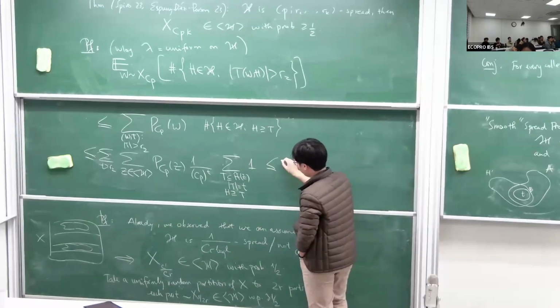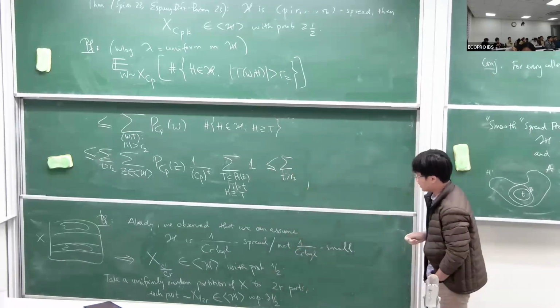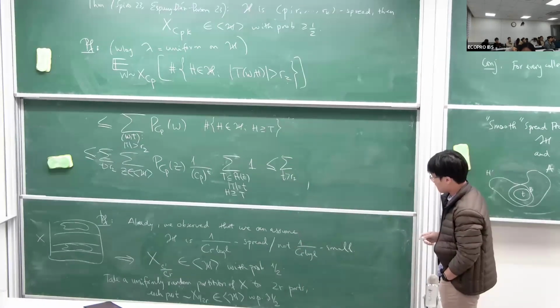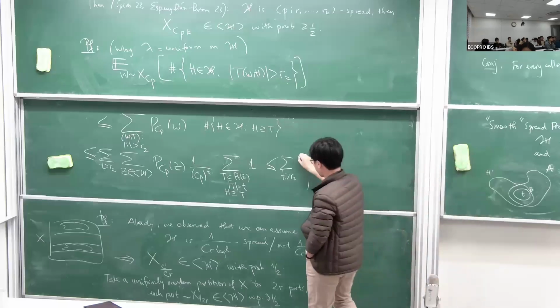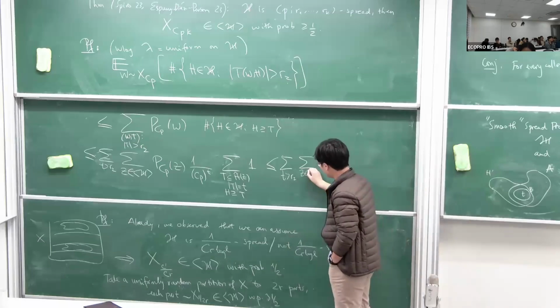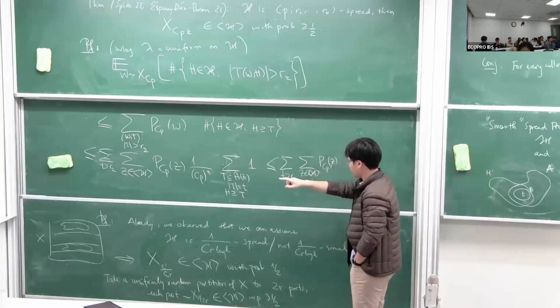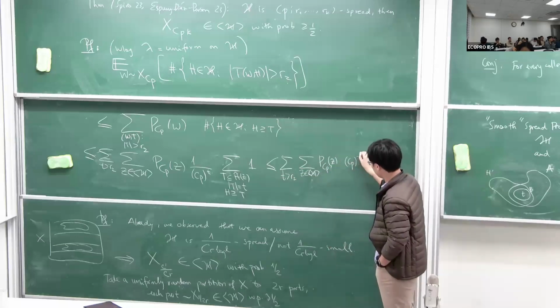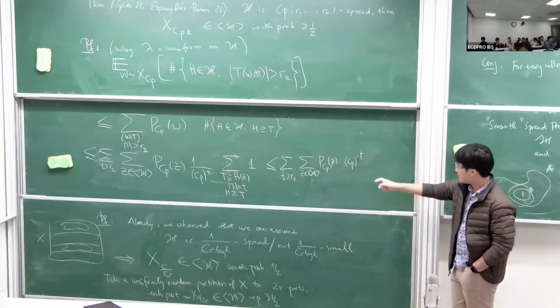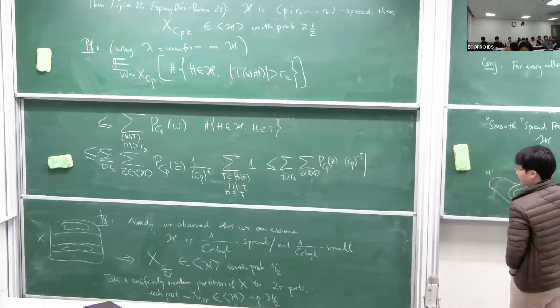So this is at most the sum over large T, the sum over Z. So nothing happening. We have this Cp to the minus T. And then let me rewrite this last term in a way that is suggestive of the condition.